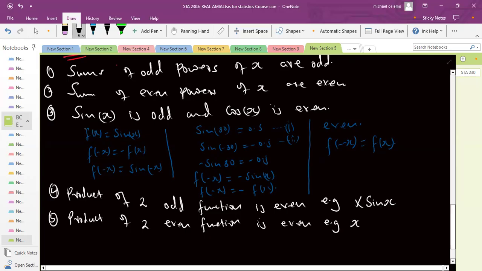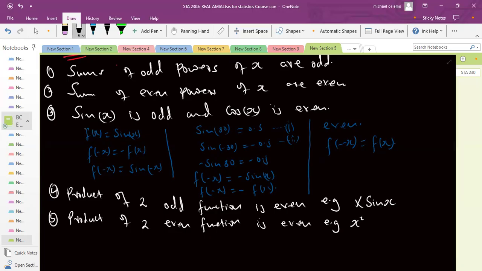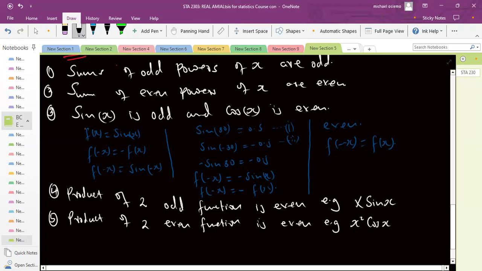From the second condition, we said that the sum of even powers of x is even. So x squared is even, and also cos x is even. So the product of these two still gives us an even function.